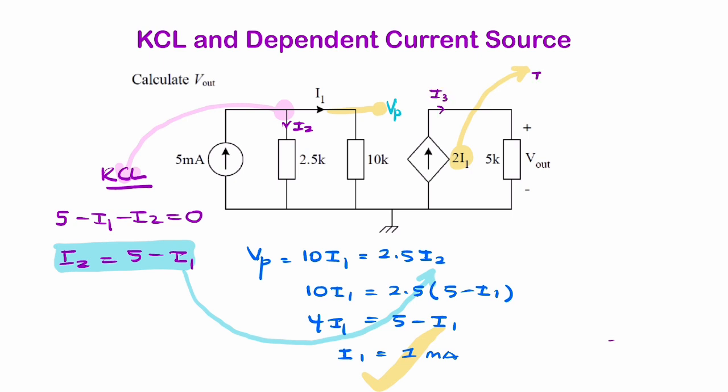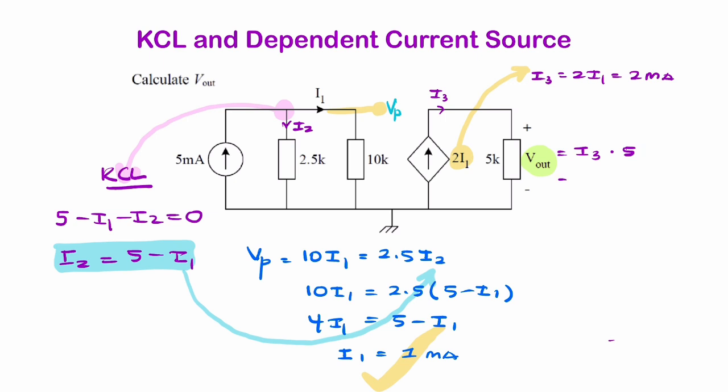We can say I3 equals 2 I1 equals 2 milliamps. And finally, V out equals I3 times 5, or times 5k.